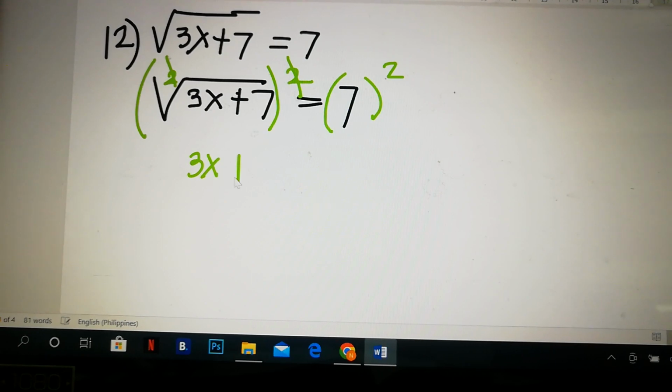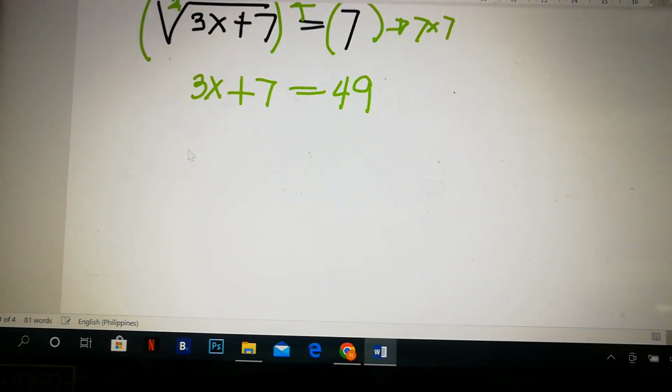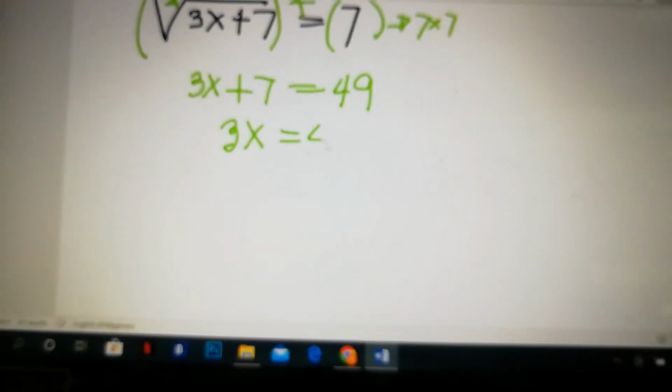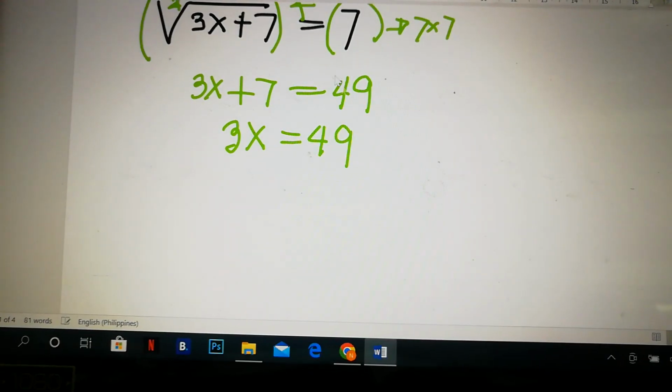3x plus 7 is equal to 7 squared, which is 7 times 7. The exponent tells how many times you will multiply the base. So 7 times 7 is equal to 49. 3x is equal to 49 minus 7. You transpose the positive 7 to the other side of the equation, it becomes negative 7.